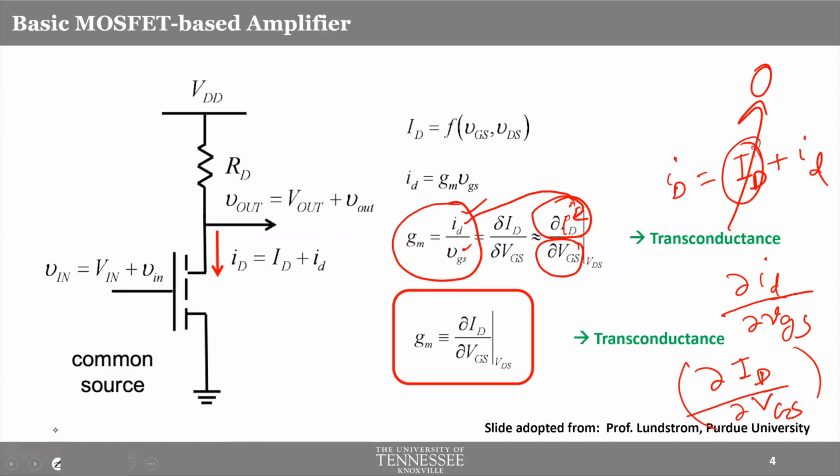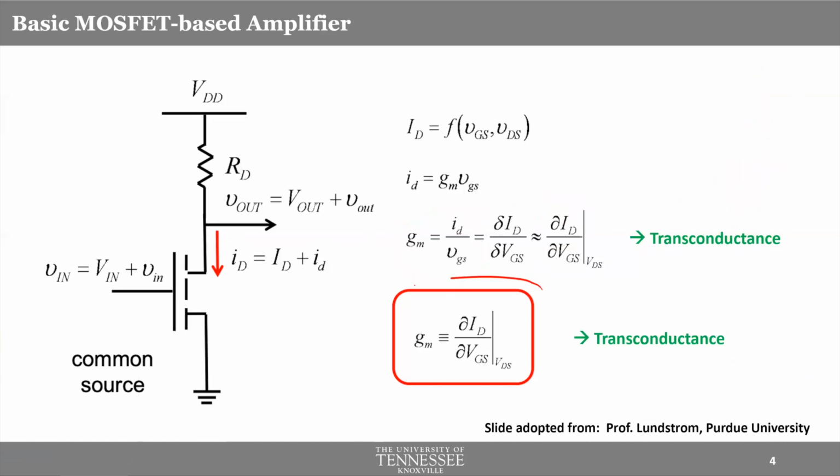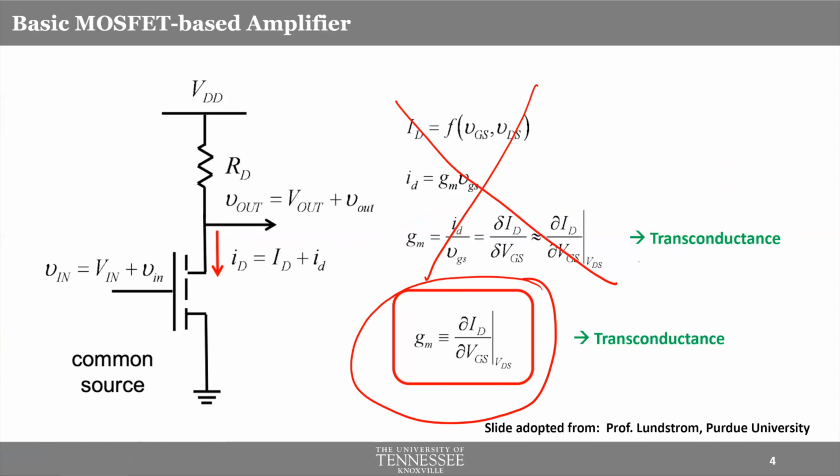Now, just to simplify this, this is the final expression that we should worry about. Even if you don't want to remember any of this discussion, just remember this final product: GM, which we call transconductance. GM is the derivative of the drain current with respect to VGS.